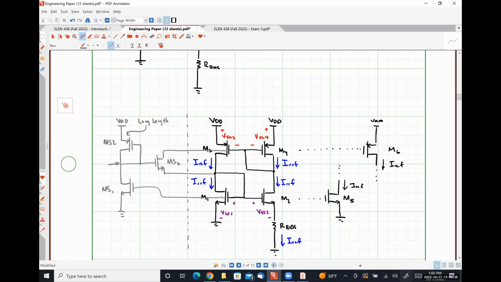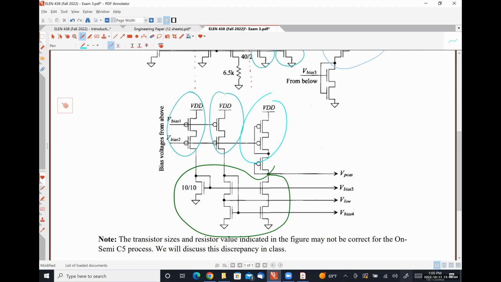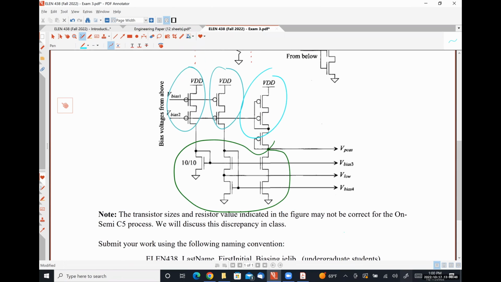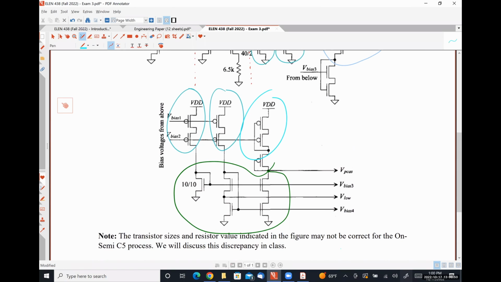All right, so that's what I wanted to talk about today. What we are going to do on Wednesday is take, let me go back to the exam here. Exam number 3. I have a note here that says the transistor sizes and resistor value indicated in the figure aren't correct for the onsemi C5 process.